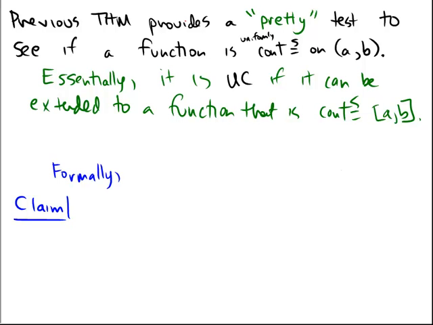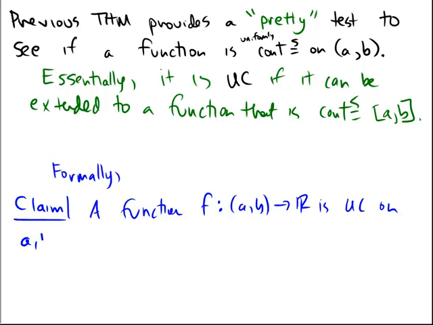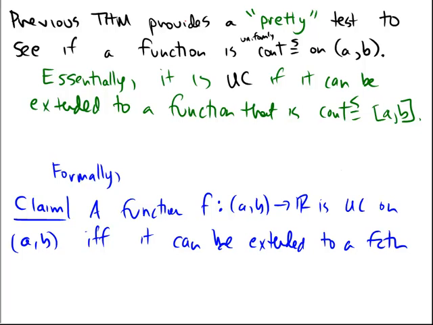So very formally now, the formal claim would be that a function f going from the open interval a to b to R is uniformly continuous on that open interval a to b if, and actually only if, it can be extended to a function that is continuous on the closed interval a to b.